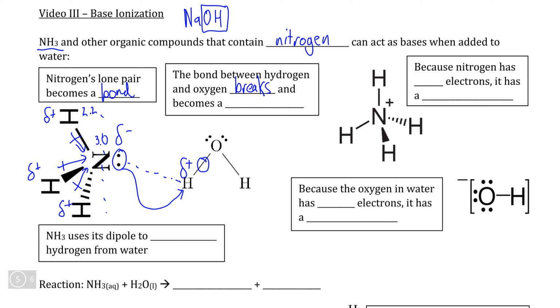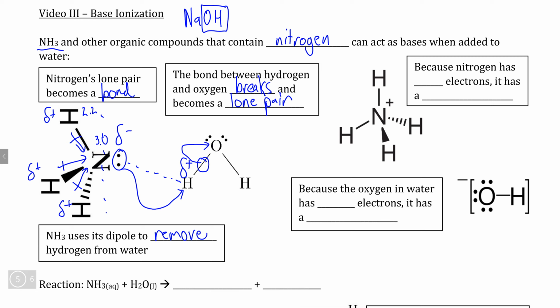But since we can't create or destroy electrons, we can take those electrons from the bond and move them to oxygen, where they would then exist as a lone pair. So what we see in base ionization here is that rather than water removing a hydrogen from acid, NH3 is going to use its dipole to remove a hydrogen from water instead.